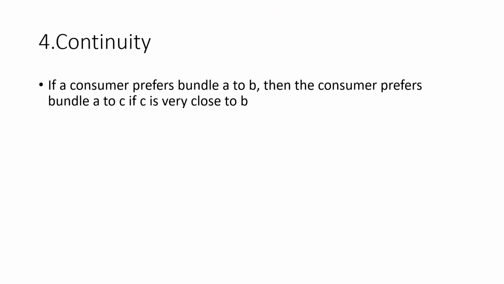Then we have the fourth property, and this fourth property is continuity. This axiom basically suggests that if a consumer prefers bundle A to bundle B, then the consumer prefers bundle A to C if C is very close to B. Let me repeat that mathematically.